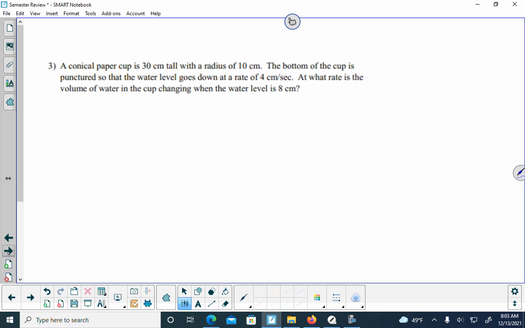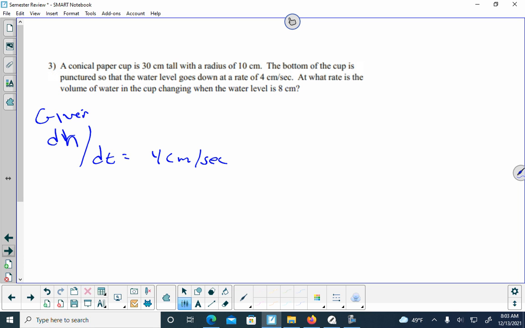The next one, a conical paper cup is 30 centimeters tall with a radius of 10. The bottom of the cup is punctured so that the water level goes down at a rate of 4 centimeters per second. So my change in height is what I know. I'm given my change in height with respect to time, and that's 4 centimeters per second.